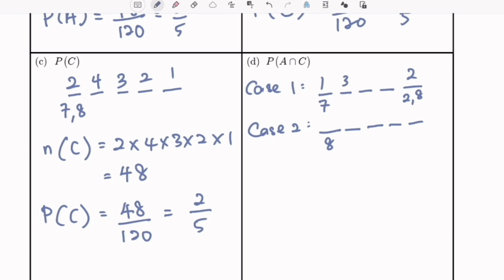So three options here, two options, and then one option. For case 2, if you have chosen 8 for the first digit, you will have no other choice than to pick number 2 here. So you have one option here and one option here. Then you'll be left with 3 digits and then 2 and 1.